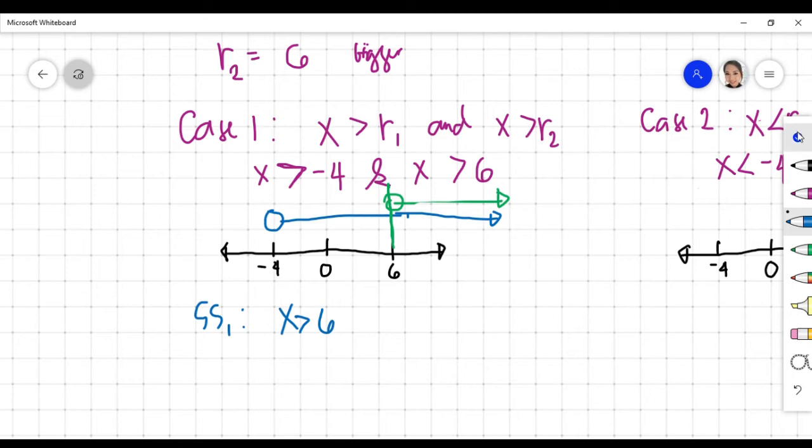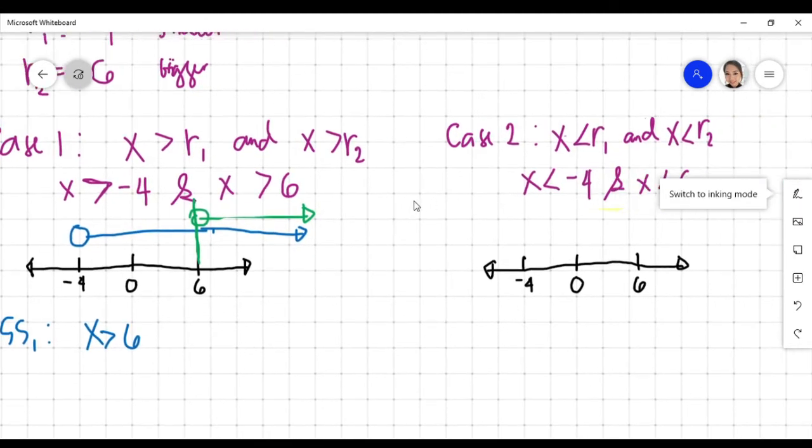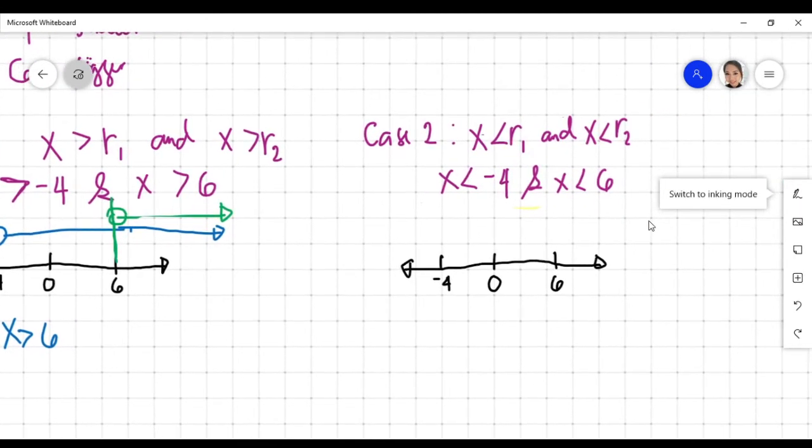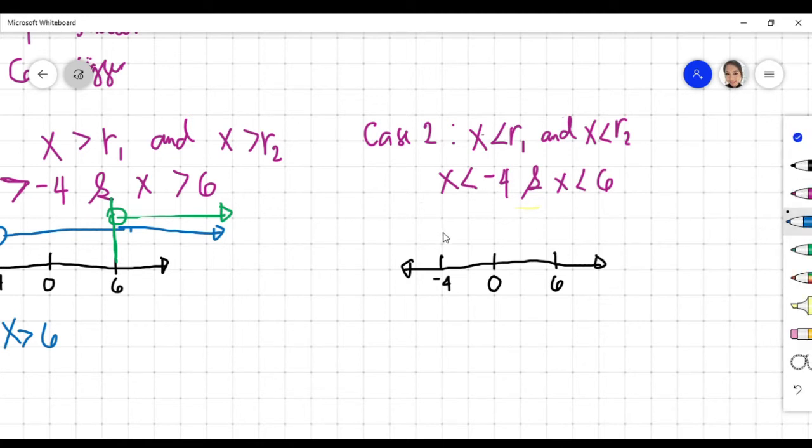Now let's move to case 2. Now let's graph x less than -4. So it moves to the left, unshaded. And for x less than 6, it also moves to the left, unshaded. Okay, right?